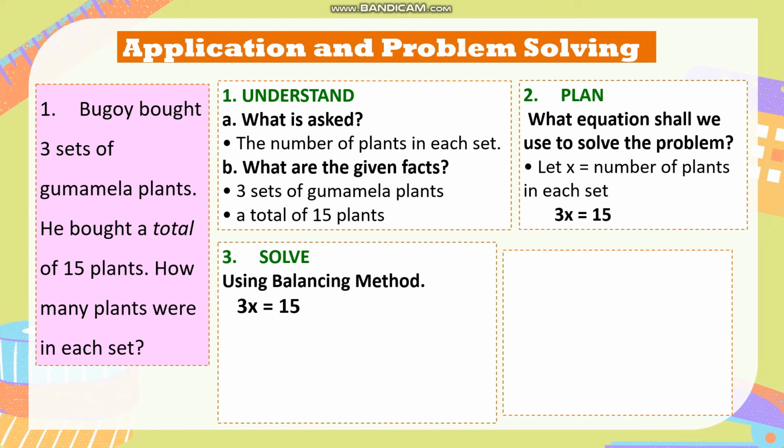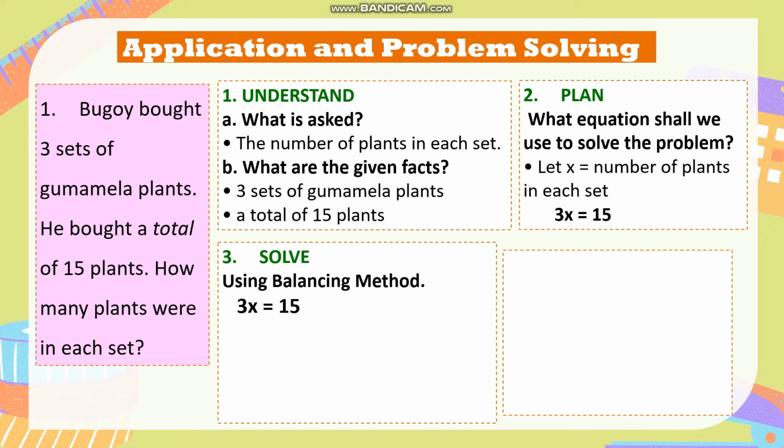3x is equal to 15 or 3 times x is equal to 15. Ang variable natin ay x at ang naka-attach na number sa x ay 3. Kunin natin ang inverse operation ng multiplication.